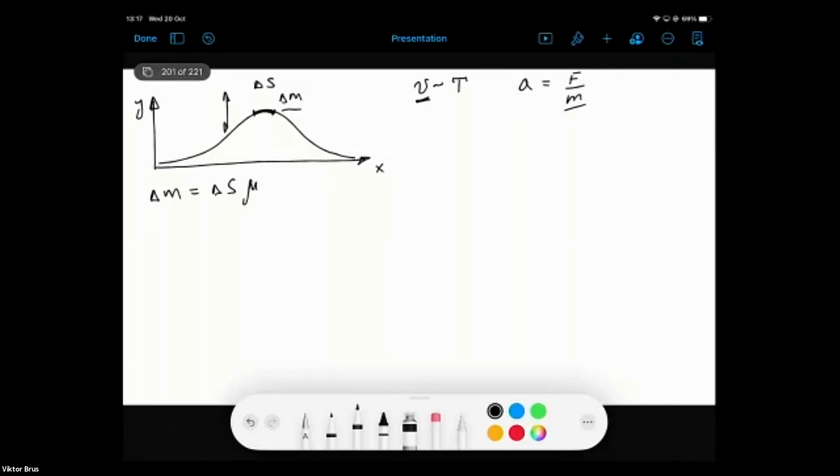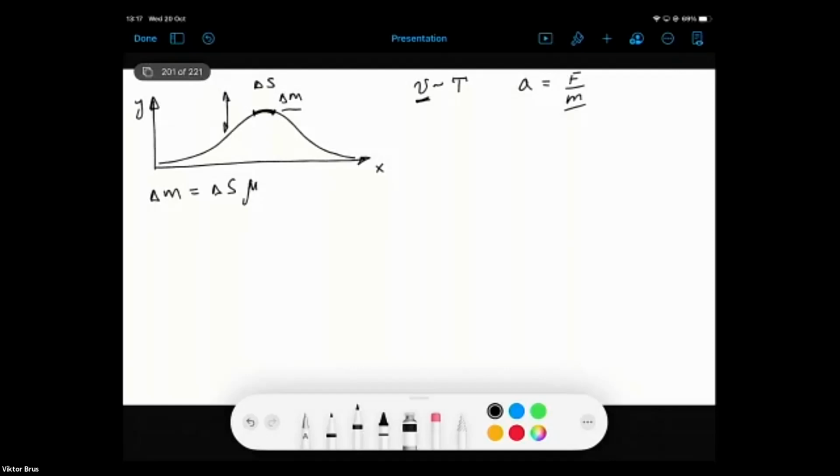Obviously, some metal string will be denser, heavier per unit length, than some plastic string or cotton string, if they have the same cross-section area, the same radius of the cross-section.